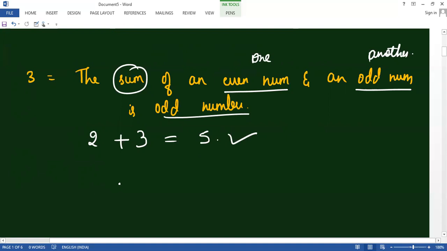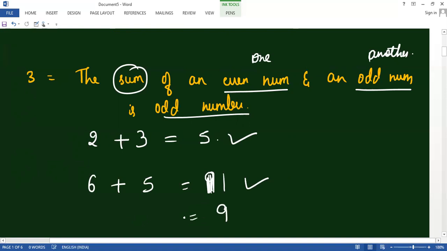Let me take another example, the even number, that we can take as 6, plus the odd number 5. So 6 plus 5, 7, 8, 9, 10, 11. So that is the 11, an odd number.